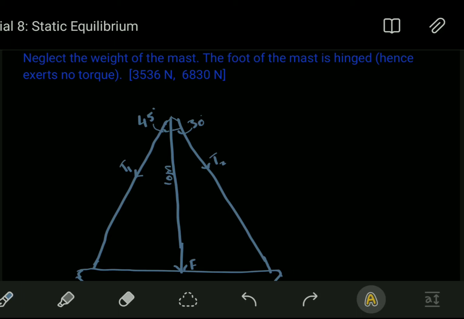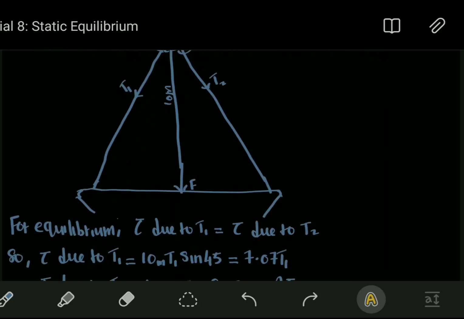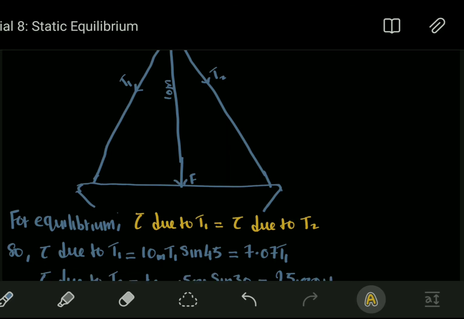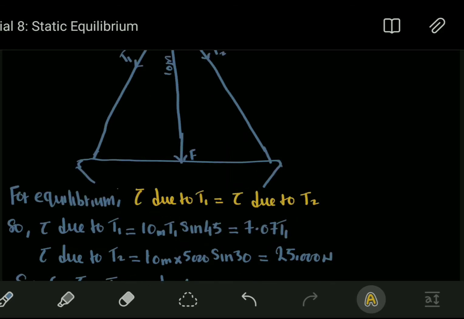Okay, so now we are saying for equilibrium to occur, the torque due to tension 1 must equal the torque due to tension T2.